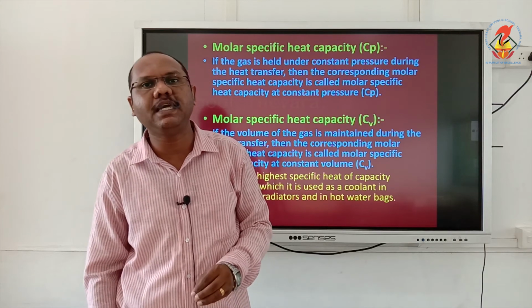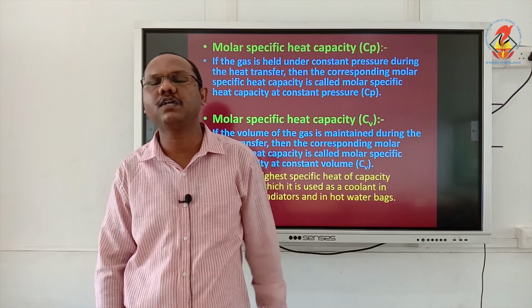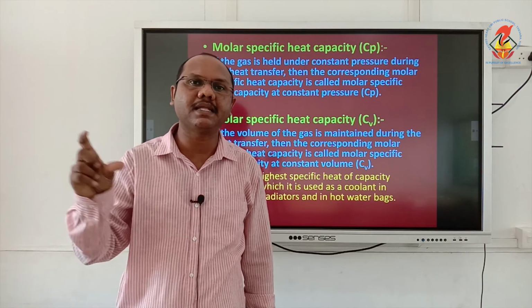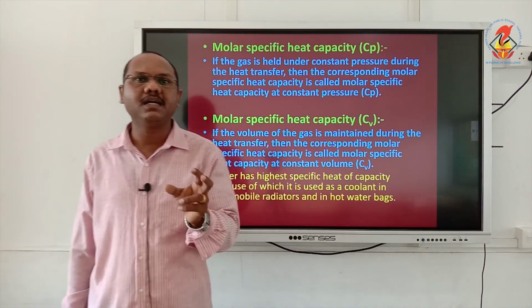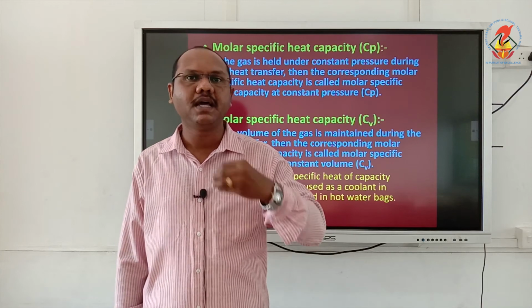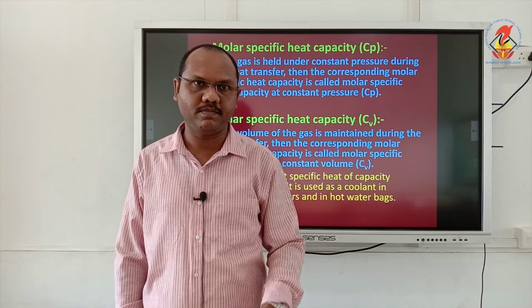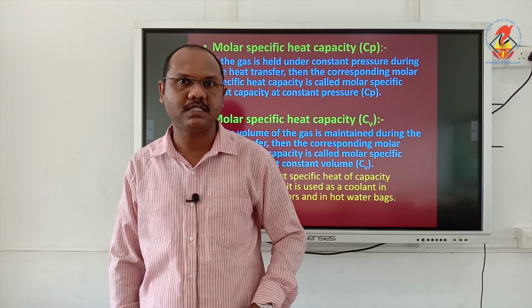Therefore, specific heat at constant pressure is more than specific heat at constant volume. So Cp is greater than Cv. They can ask a question, why is Cp greater than Cv? Take down that question, and my explanation is the answer. So you can just make a note of that, Cp greater than Cv.